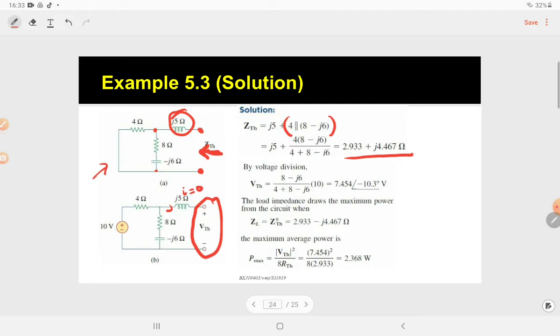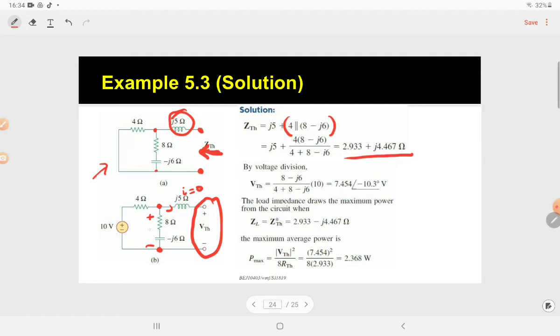So the VTH that we are looking for is the voltage drop across this 8 ohm and negative J6. Therefore, by using voltage division, we can calculate the value of VTH.